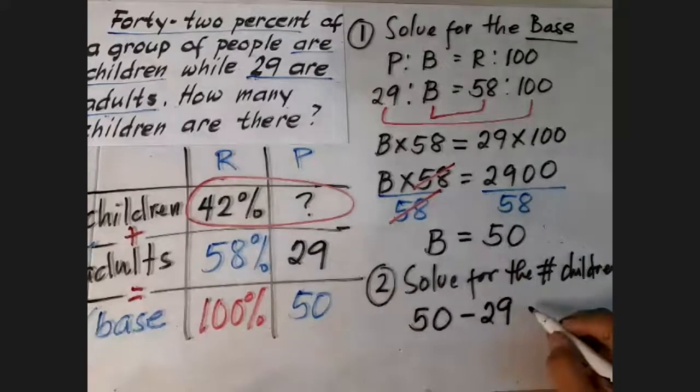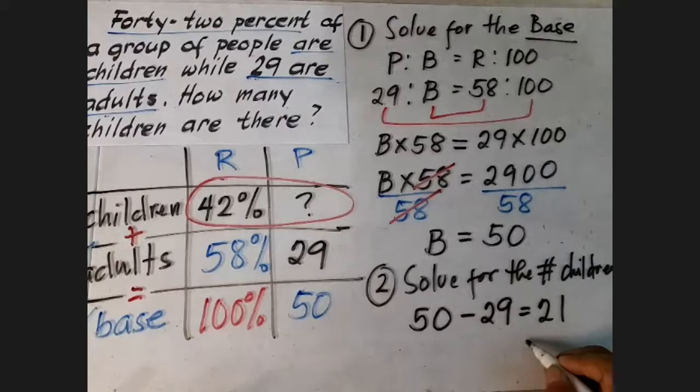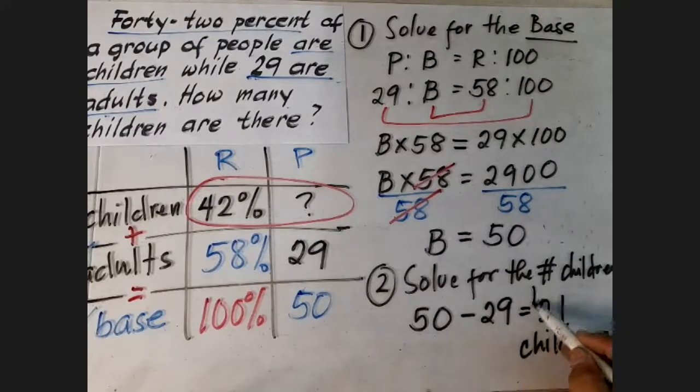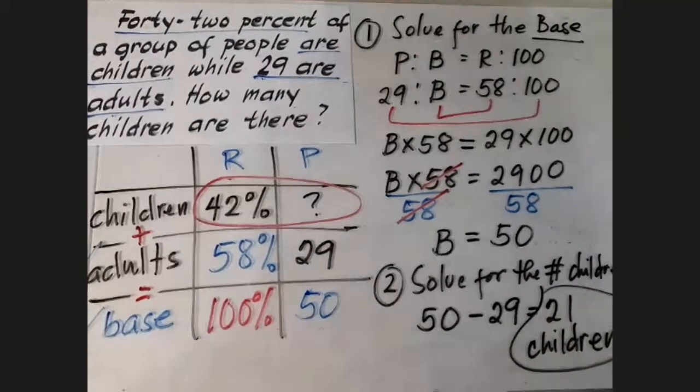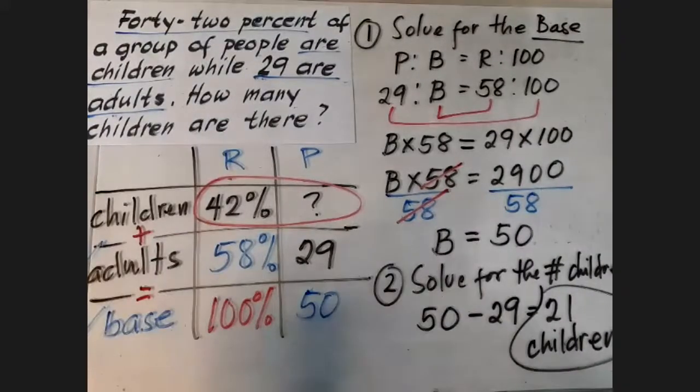And 50 less 29 is 21. So, we have 21 children. Yun yung ating sagot. 21 children. How many are children? There are 21 children.